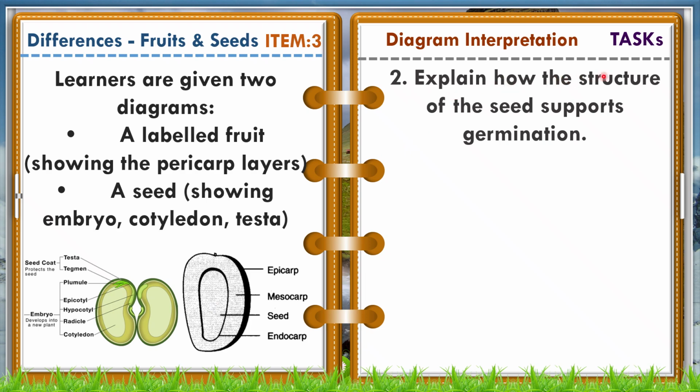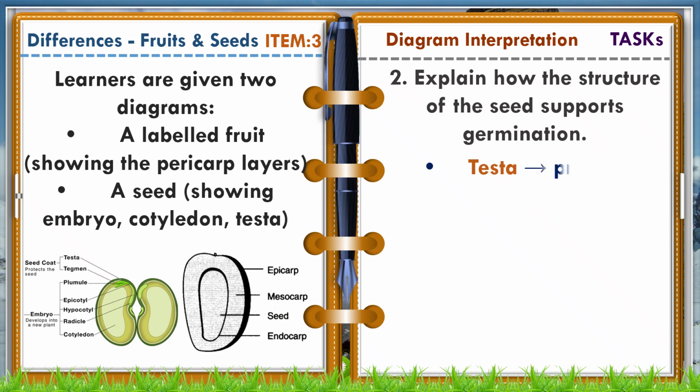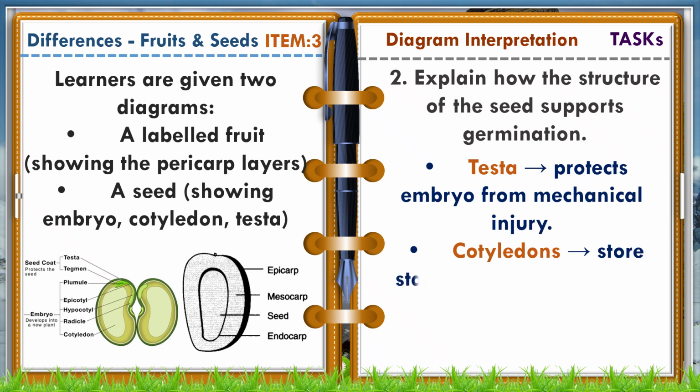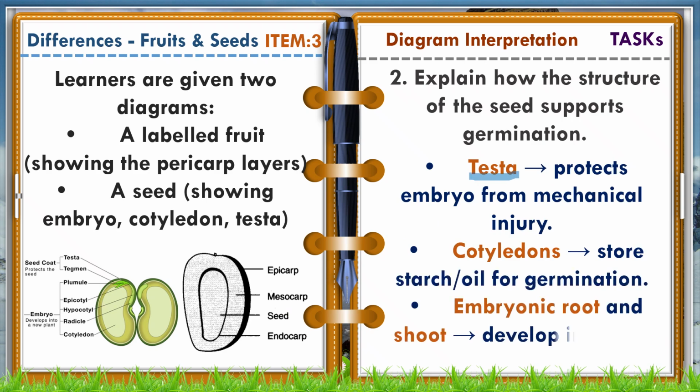Explain how the structure of the seed supports germination. The seed has a testa, which is the outer cover, and this protects the embryo from mechanical damage. Then the seed has a cotyledon.